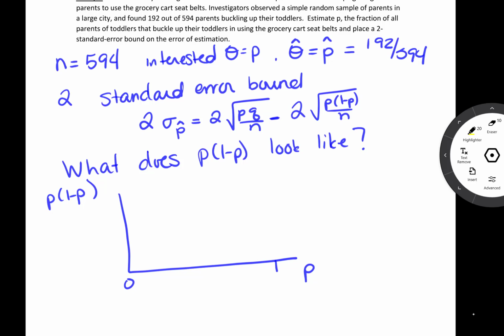So when p is equal to 0, we know that p times 1 minus p is equal to 0. Notice that when p is equal to 1, p times 1 minus p is also equal to 0. When we have a half, on the y-axis we would have a half times a half, which is 1/4. So we get something that looks like the following.